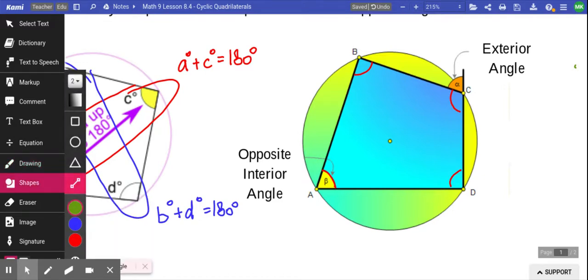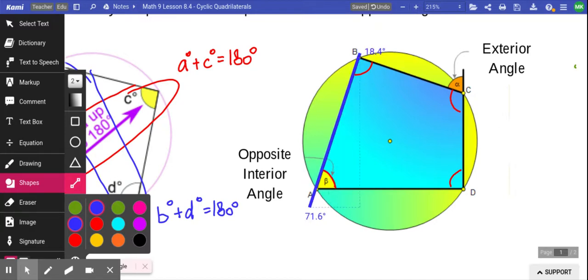So if I took my lines and extended them so that they look like this, with the quadrilateral and all these extended lines, then the angles that are outside of the quadrilateral are exterior angles.